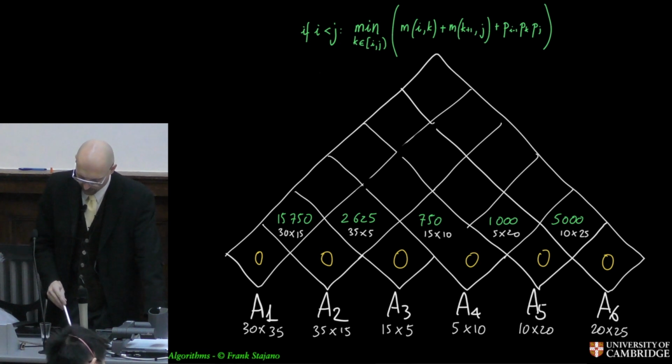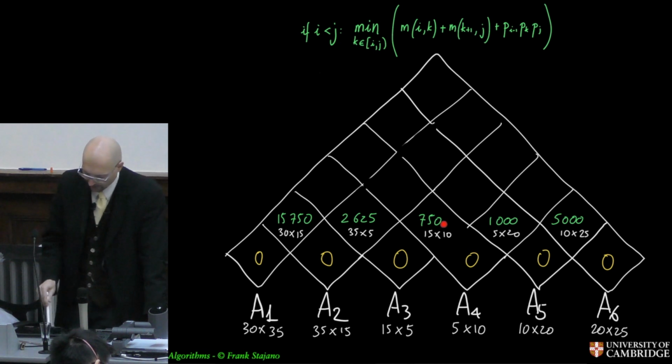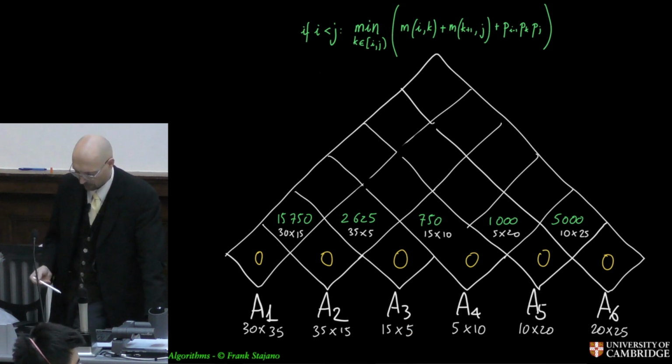But if I compute this from the bottom going upwards, then any matrix by itself has cost 0 because I'm not doing any multiplications. And anything on this first line, which I've already filled in at home, is simply the cost of multiplying these two matrices, with no minimum to be done. So in this case, 30 by 35 by 15 makes this number, and I get a 30 by 15 matrix. 35 times 15 times 5 gives this number, and I get a 35 by 5 matrix, and so on.